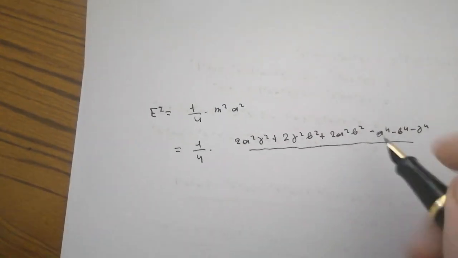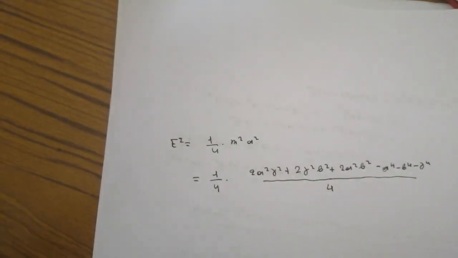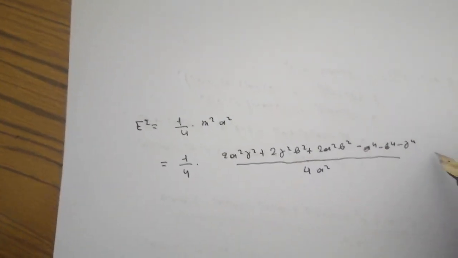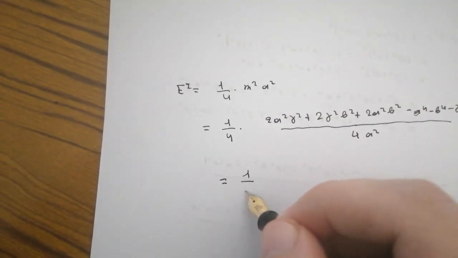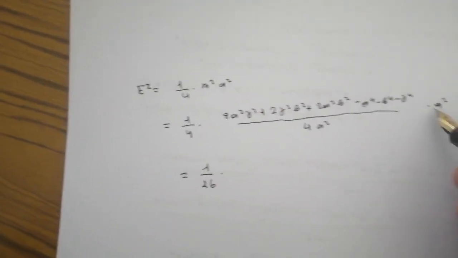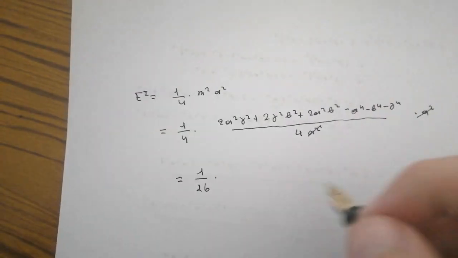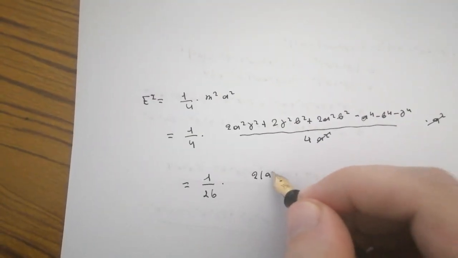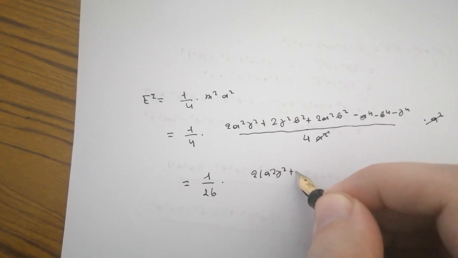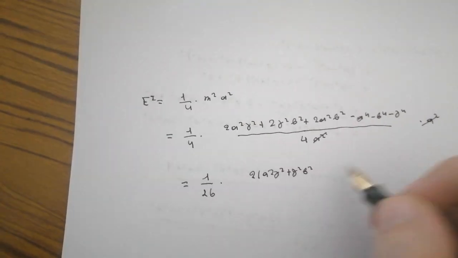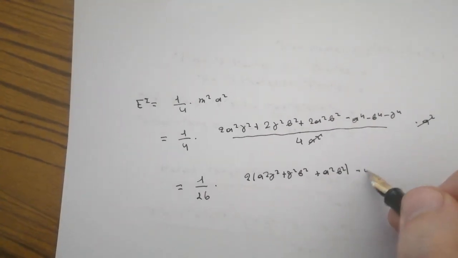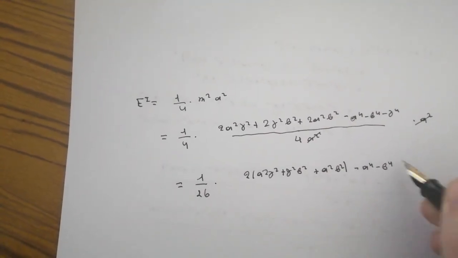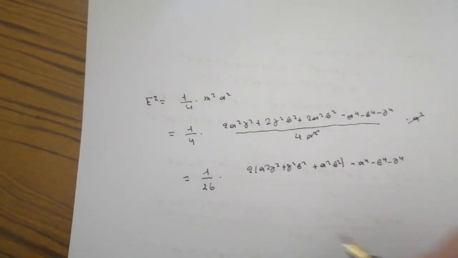And this goes over 4 a squared times a squared. This is 1 over 16 times 2 times a squared gamma squared plus gamma squared beta squared plus alpha squared beta squared minus a to the power of 4 minus beta to the power of 4 minus gamma to the power of 4.